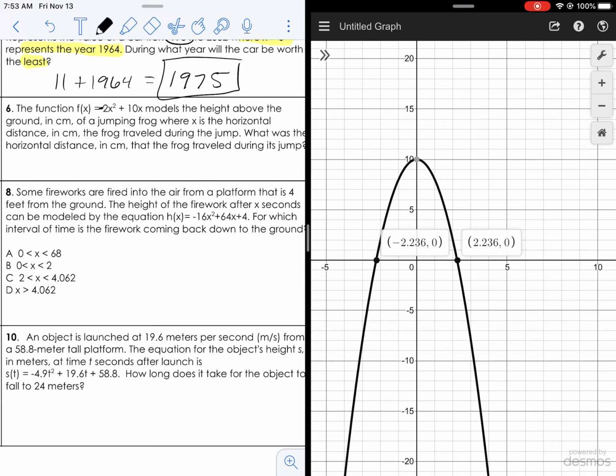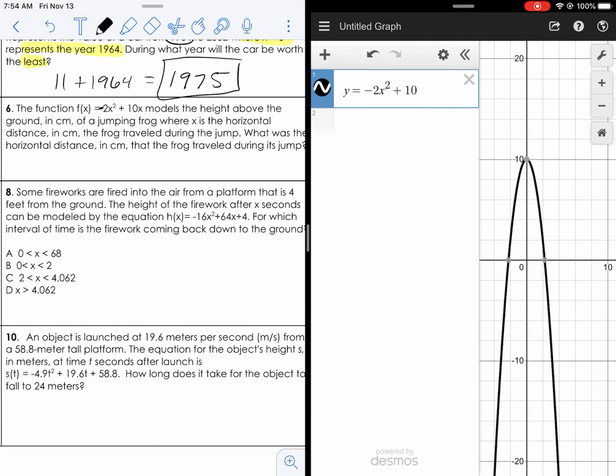But since that's our horizontal distance, that means that we can use both of those x-intercepts because distance can be negative. He can go backwards. So we just want to find the distance from when he was on the ground the first time to when he was on the ground the second time.